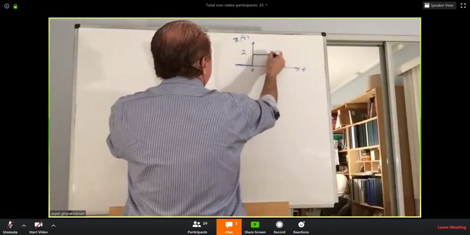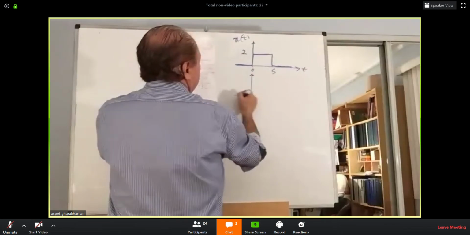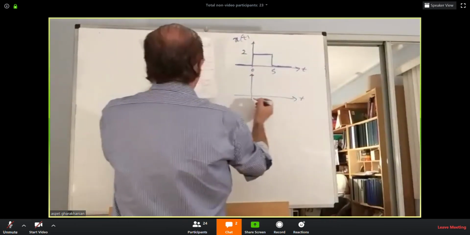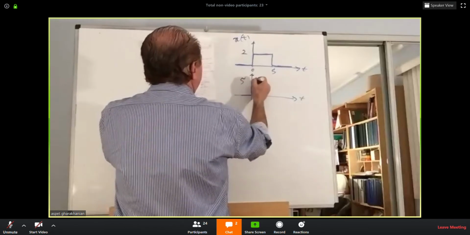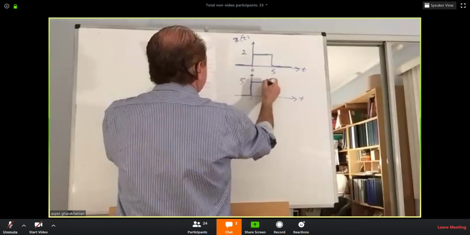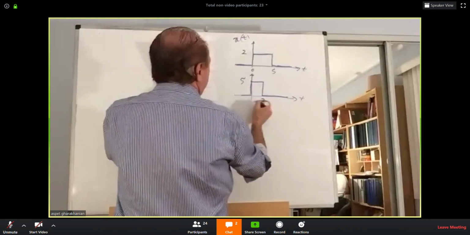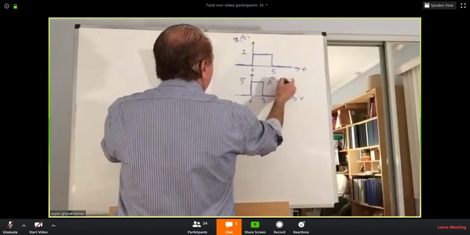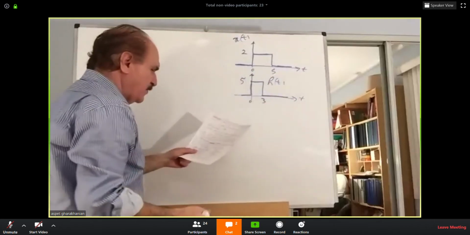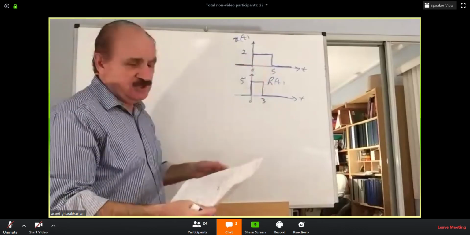It rises from 0 to 2, then goes back to 0. You have another function, h of t, which rises to 5, stays there for 3 seconds, then comes down. Okay. What would be the convolution of these two functions together?